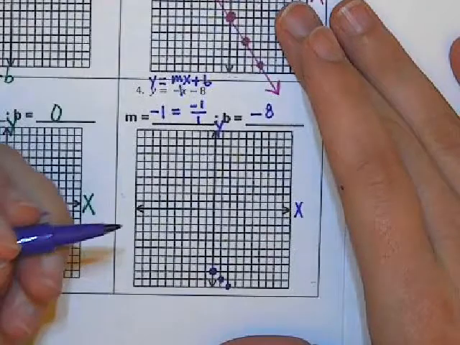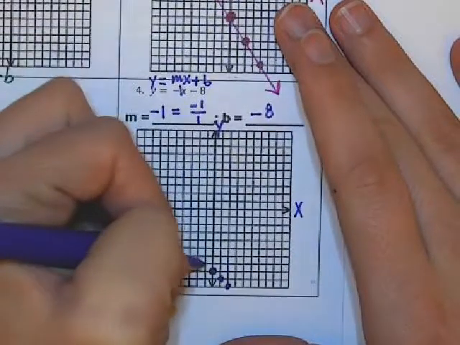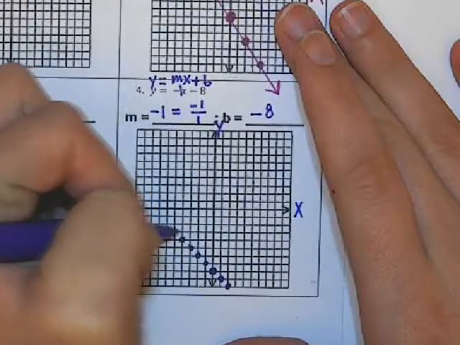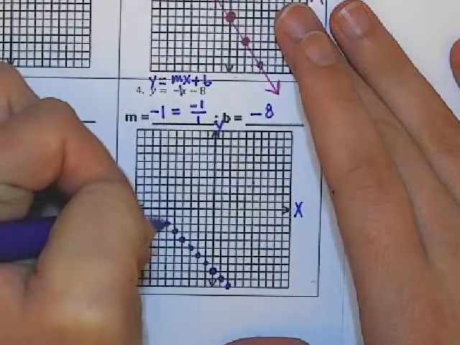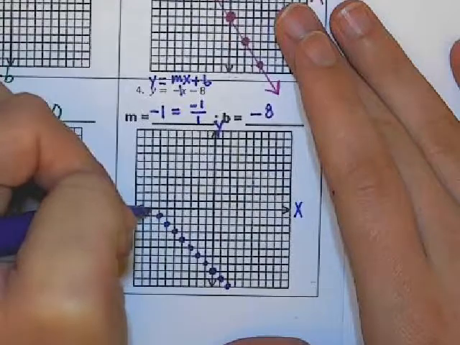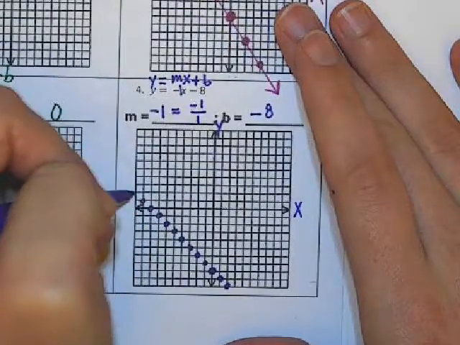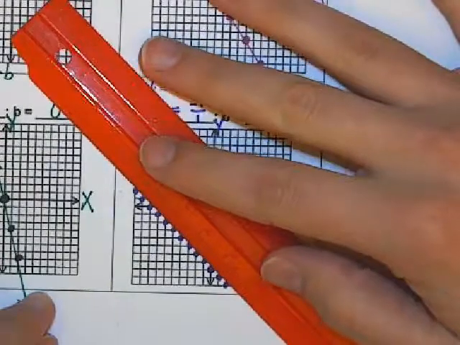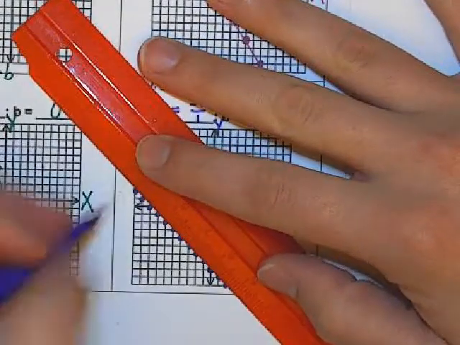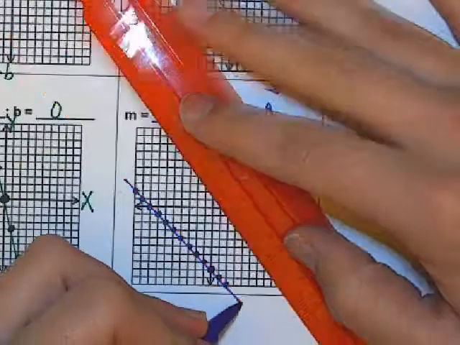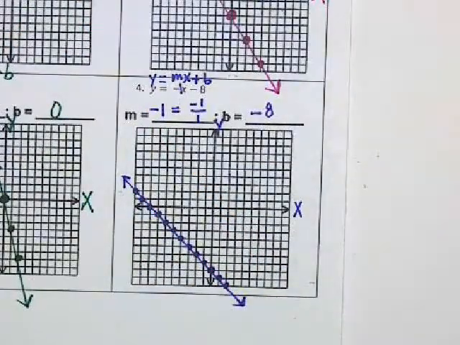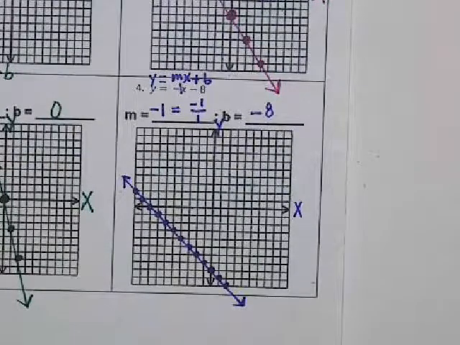When you can't go any further, go the opposite, and draw your line. Any questions? How do we feel? Feeling okay? All right.